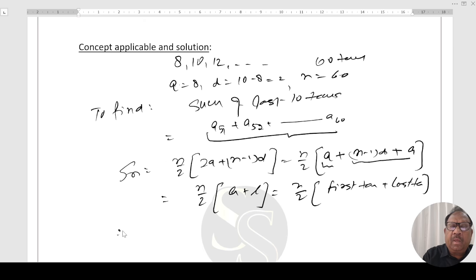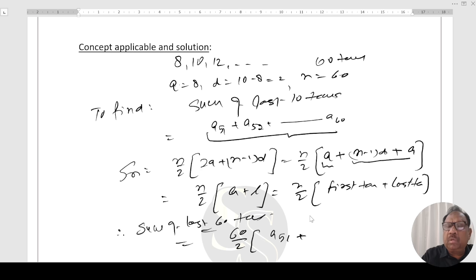Therefore, the sum of the last 10 terms will be equal to 10 by 2. The first term will be A51 and the last term will be A60.